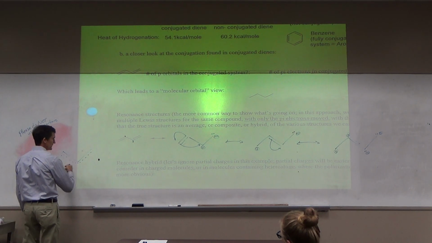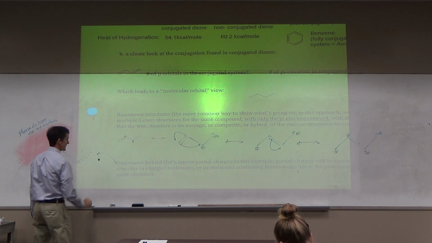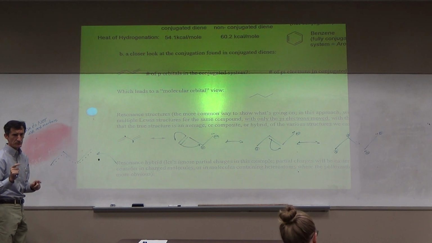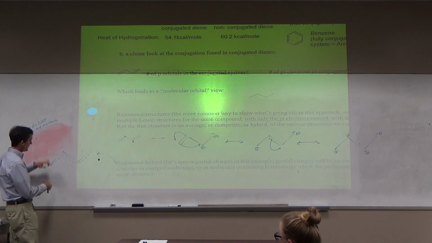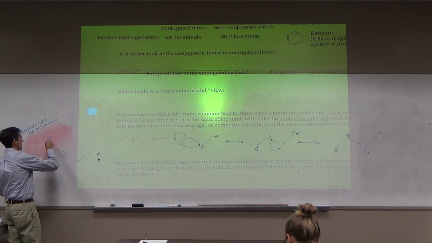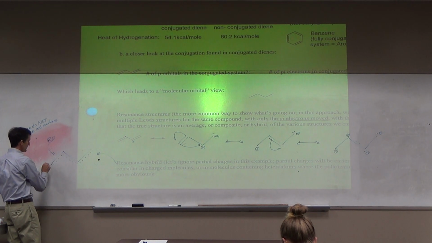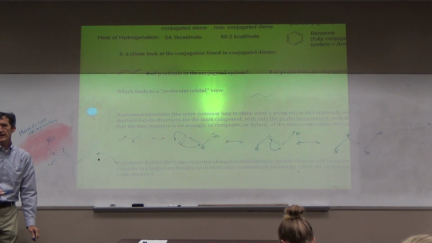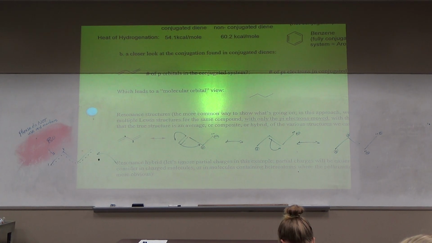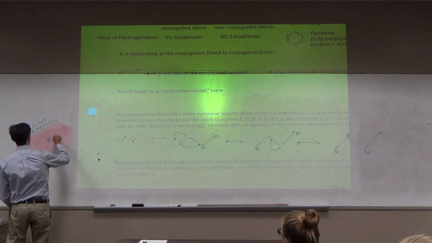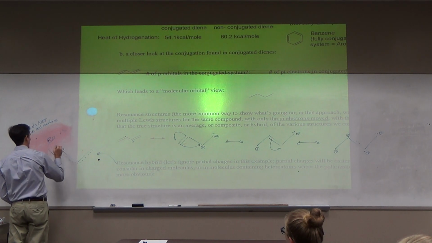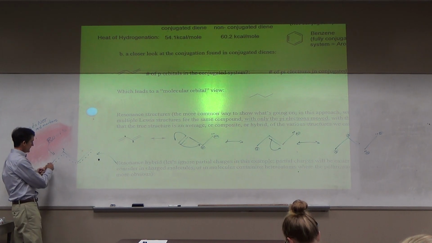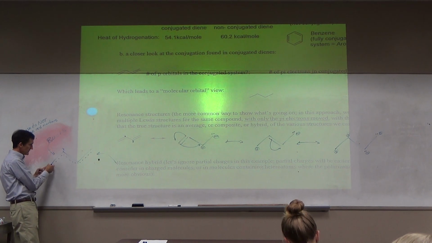This is sort of the resonance hybrid, okay? The resonance hybrid is going to have partial bonds. That is, what is the bond order? What's the BO between carbons 1 and 2? How many bonds between 1 and 2? And the answer is 1.5. With the full bond shown, and this is a half a bond.